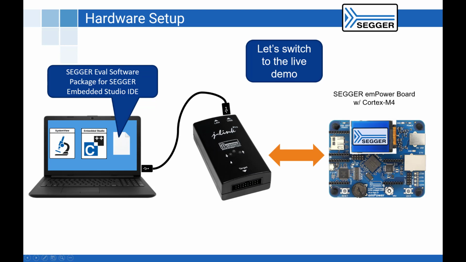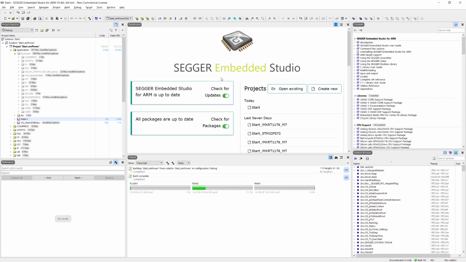First thing I'm going to bring up is Embedded Studio. Like I mentioned, that is our own IDE that we use for embedded development, and I loaded up the eval software package for this board. In these eval software packages we cover a lot of our middleware as well as our RTOS, which is MBOSS.